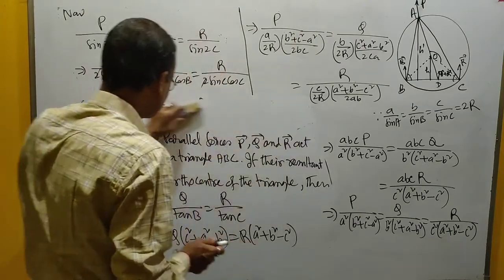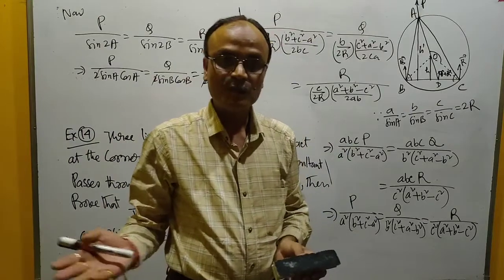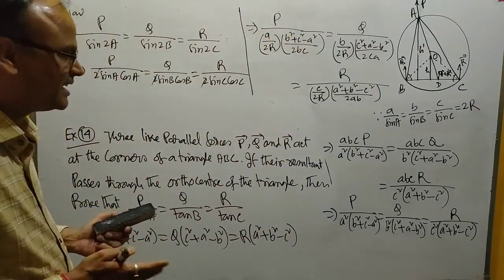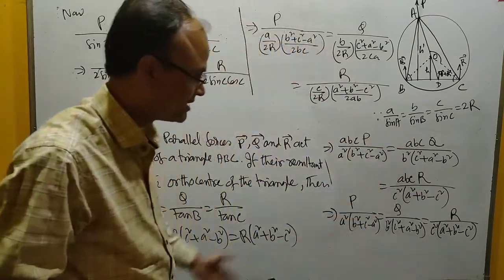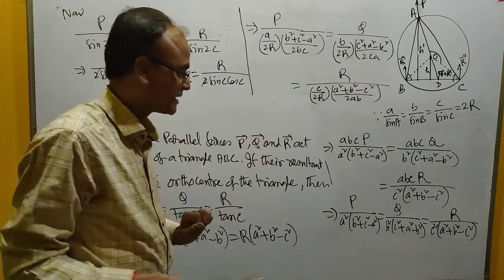This we have solved the question number 30 fully. Perhaps you have understood this one. It is very easy. This abc will be cancelled from all sides. Then you will get this one. Three problems have been solved here.